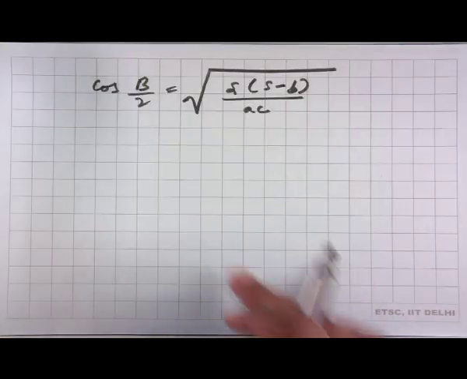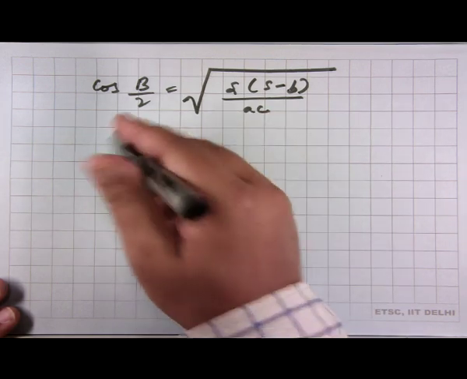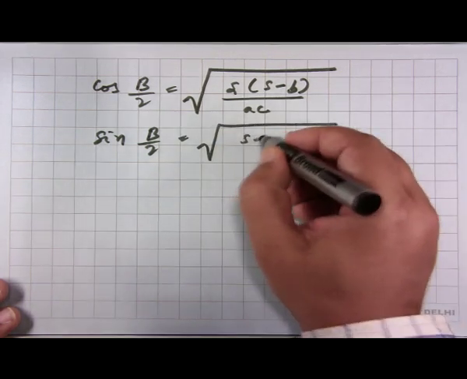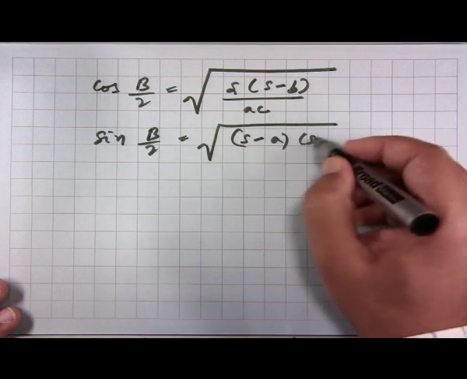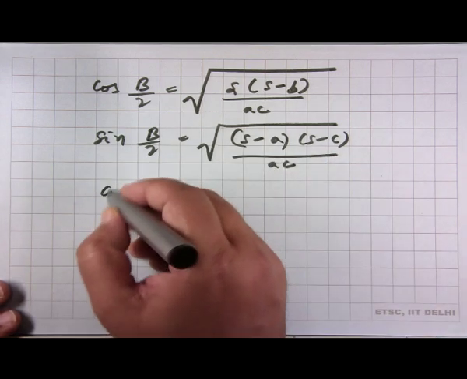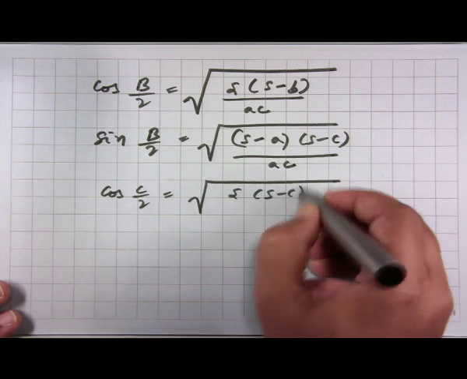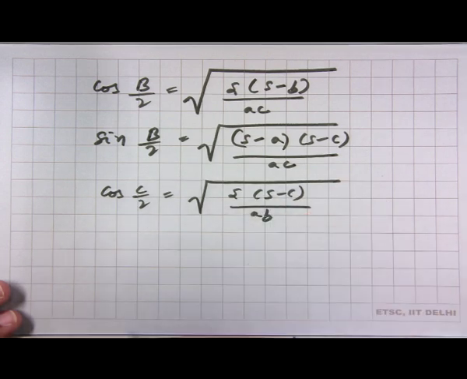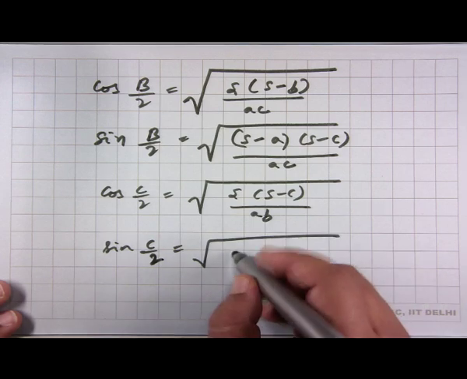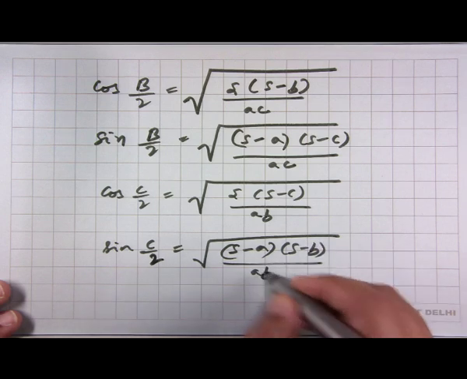So, following that pattern, we can easily write cos B by 2 to be equal to this, and then sin B by 2 is square root of S minus a into S minus c over AC, and likewise cos of C by 2 will be square root of S into S minus c over AB, and sine of C over 2 will be square root of S minus a into S minus b over AB.